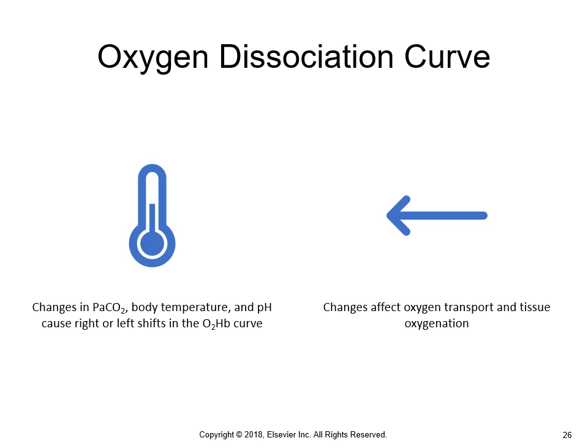Changes in PaCO2, body temperature, and pH cause right or left shifts in the oxyhemoglobin dissociation curves. Changes affect oxygen transport and tissue oxygenation.